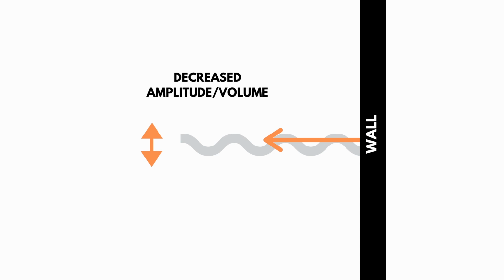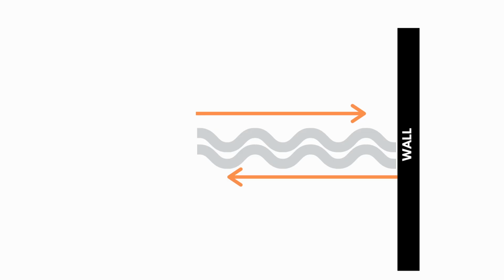So let me explain that again, because this is the crux of understanding room acoustics: sound comes from a wave. So imagine a single wave hitting a wall. It bounces back with the equal amount of force that it hit that wall. And then new waves that are coming in potentially will mix with the wave that just bounced off the wall.